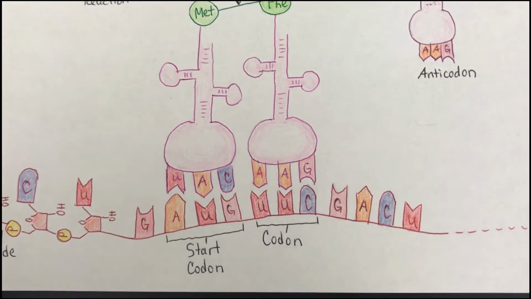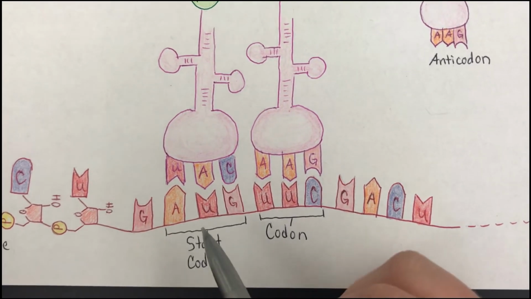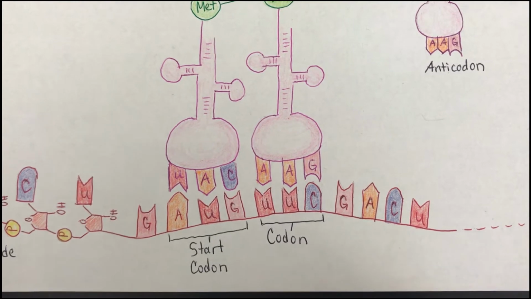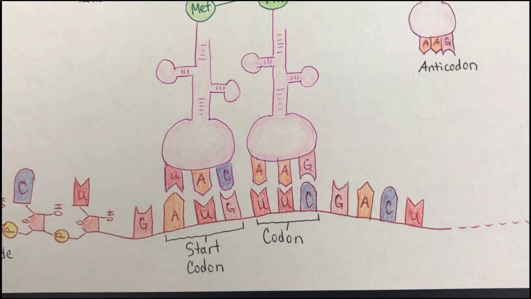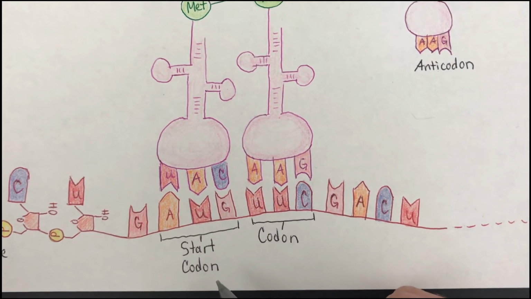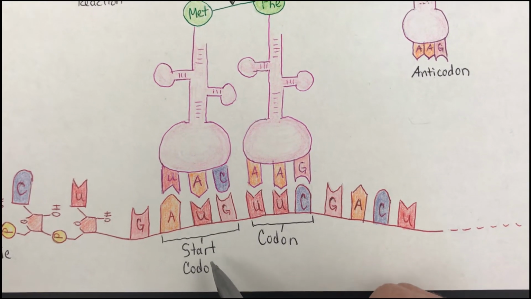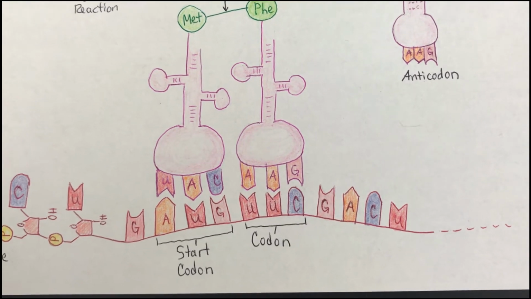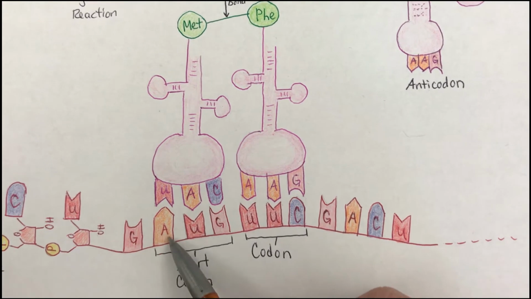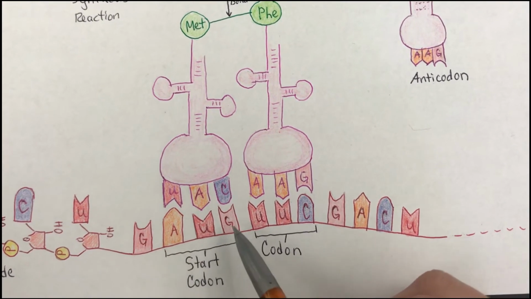One particular codon, a 3-letter nucleotide sequence, is always going to signal the small ribosomal subunit that this is the beginning of protein synthesis. This is the beginning of a process called translation. This start codon is always AUG, adenine uracil guanine.